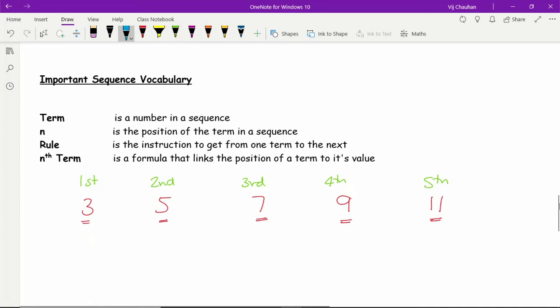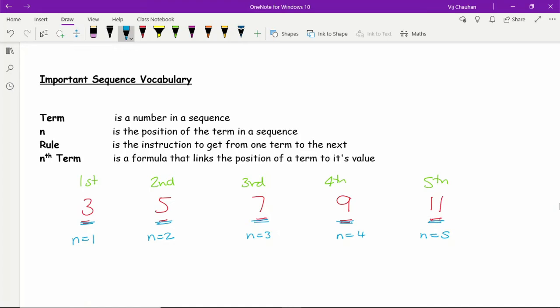So when n equals 1, the term is 3. When n equals 2, the term is 5. When n equals 3, the term is 7. When n equals 4, the term is 9. And when n equals 5, the term is 11. So n is basically the position we're looking for.